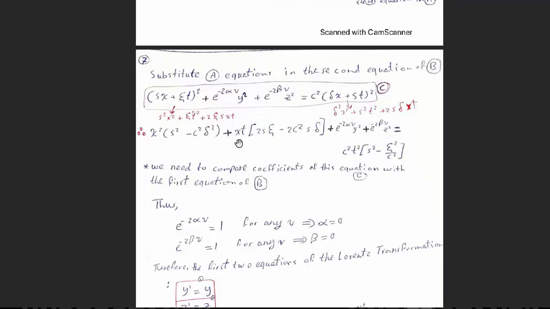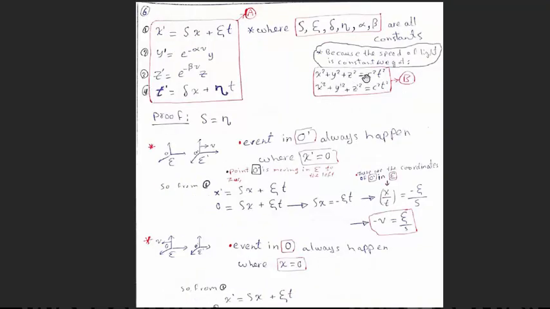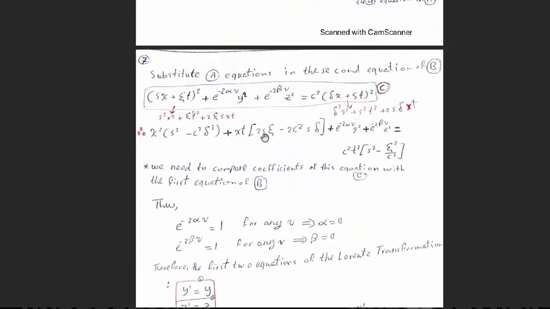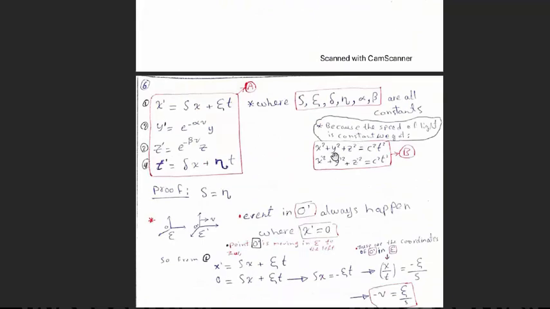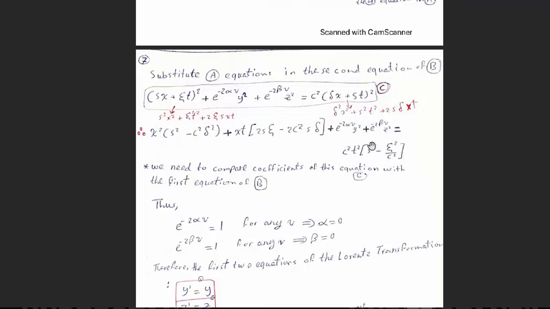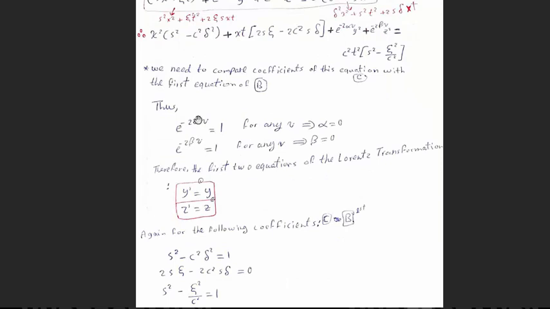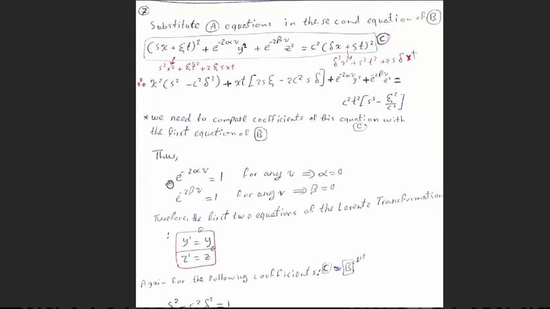And we don't have a term called xt in this equation, so the coefficient of xt must equal 0. And for y square and z square, the coefficient is 1, and the same for c squared t squared, so this must also equal 1. So this coefficient equals 1 for any v.